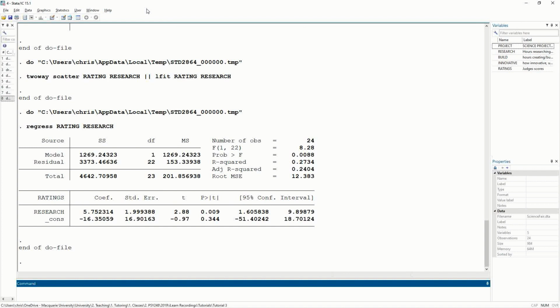So again, we're making this prediction based off the rest of the data that we do have. But this principle, this idea of our coefficient for research representing the 1-unit increase, how much the rating score is changing for a 1-unit increase in research time, and the constant representing the expected ratings when research is 0, these two pieces of information actually go together to create what we call a prediction equation.